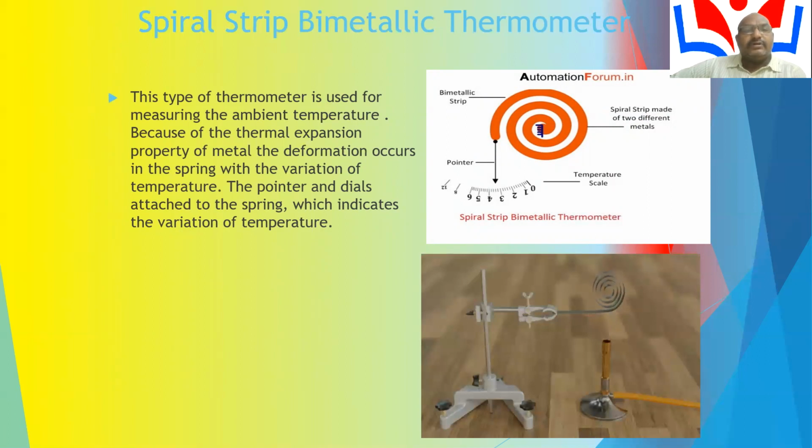The deformation occurs in the spring with the variation of the temperature, and the pointer and dial attached to the spring indicate the variation of the temperature. If the temperature gradually increases, the strip deflection also increases.